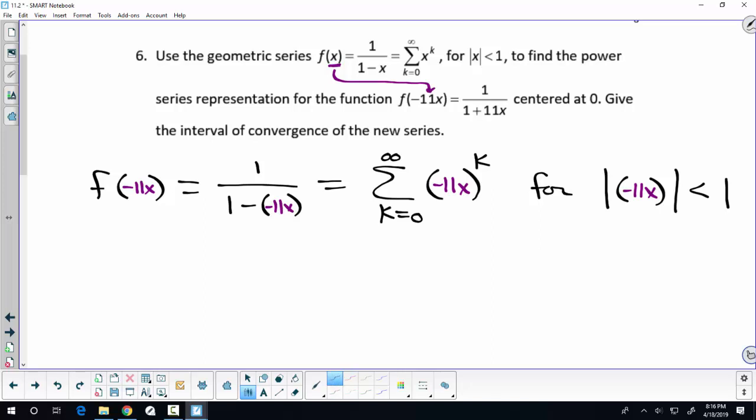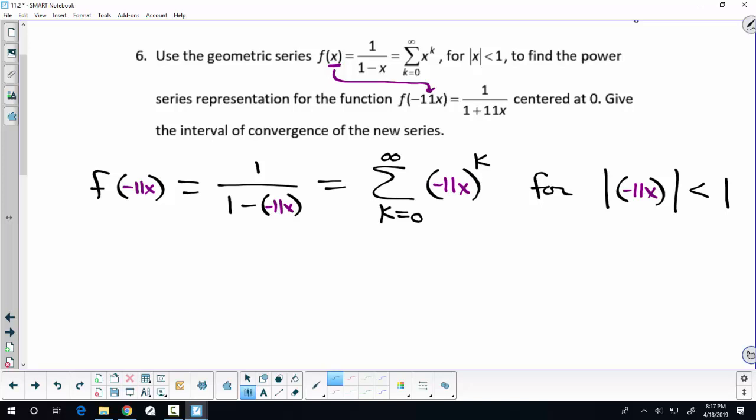All right, so when we use function composition to create a new function equivalent to a series, then all we're doing is replacing the x in the original interval of convergence by the function we replaced x by. For the series 1 over 1 plus 11x, what values of x does that converge for?